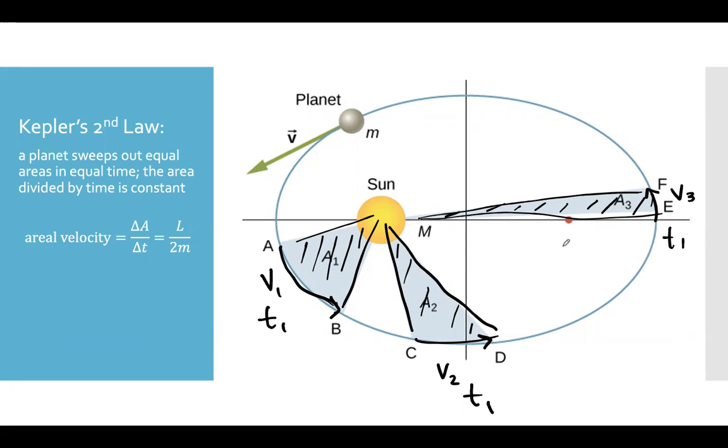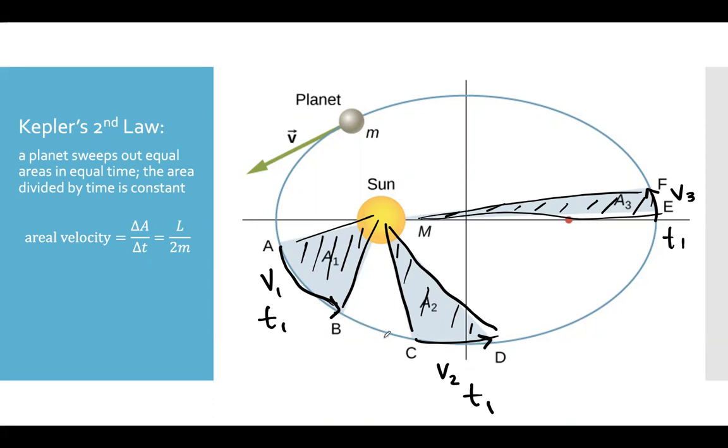The way that it does this is that the velocity of that planet will change. It's not just going to be a constant v the whole time that it orbits the sun. That velocity is going to change. So in this first little segment from A to B, it's going to go some velocity v1. Then as it goes from C to D, it has some velocity v2. Now, how do you think it changes?